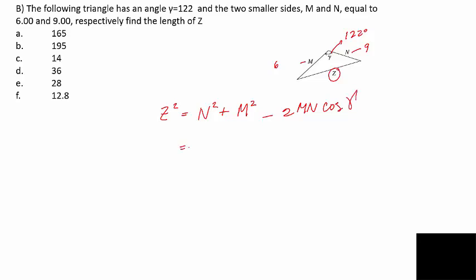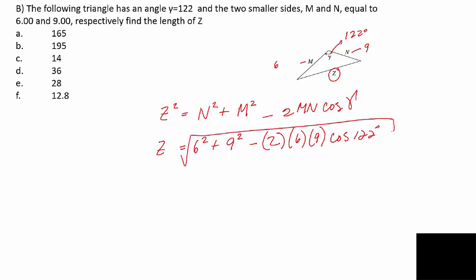So here we have 6 squared plus 9 squared minus 2 times 6 times 9 times cosine of 122 degrees. And of course, if I want c, it is the square root of all this, and the answer to that would be 14.